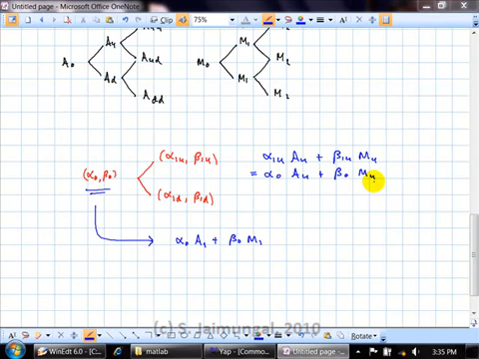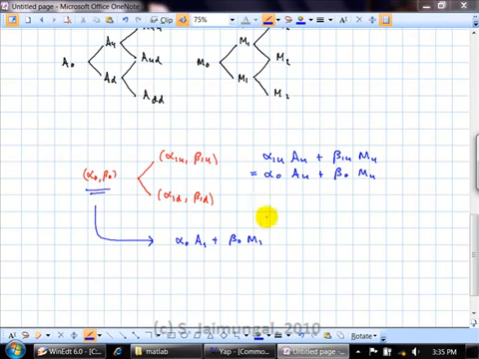This is self-financing. I have this amount of money in my hand available because I had alpha 0 units of the asset. It's now worth this. I had beta 0 units of the money market account. It's now worth that. And in the up state, that's the bottom line. And I rebalance now. So I have some new position, alpha 1u and beta 1u. But those are degrees of freedom that I get to choose. But I'm constrained. I can only choose it so that I self-finance, so that I don't throw money into the system or pull money out of the system.